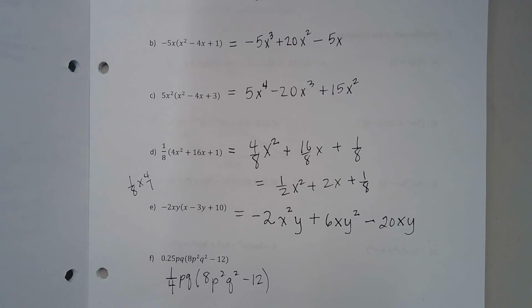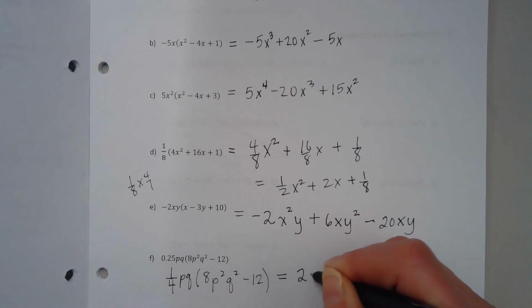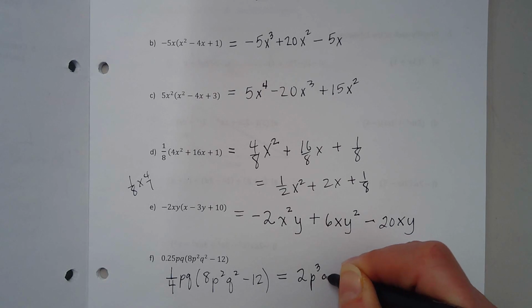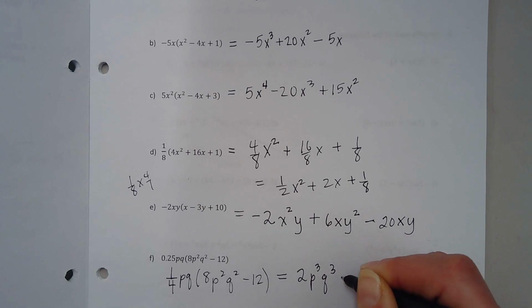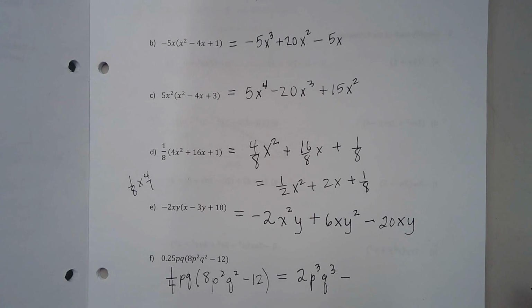So you're multiplying 1/4 times 8, or 1/4 of 8. What's 1/4 of 8? 2, right? So 1/4 of 8 is 2. I'd have p cubed q cubed minus, well, what's 1/4 of 12? 3, right? PQ. There, you can do it that way, right?